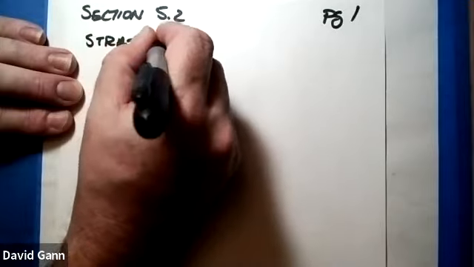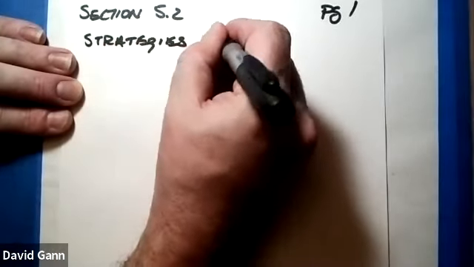Anyways, one of the first things, and the key to really being proficient at doing trigonometric identities, let me just call this strategies or techniques.